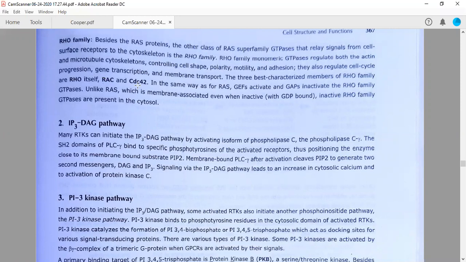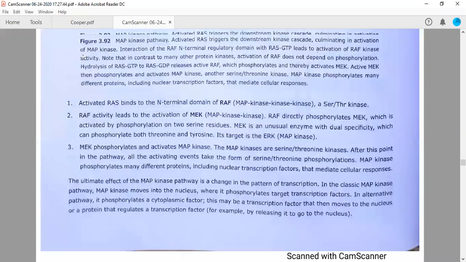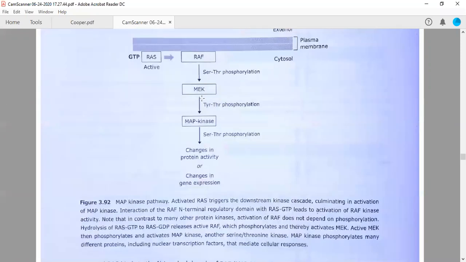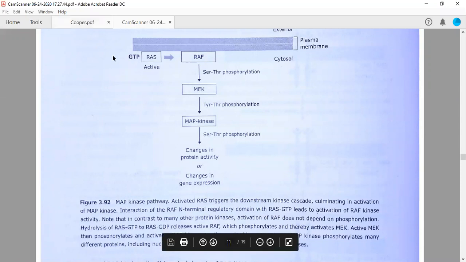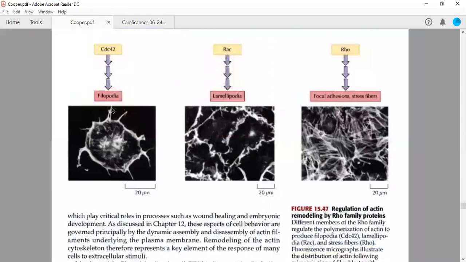Now in today's class, we will discuss the functions of these three members of the Rho family, which come under the MAP kinase pathway and are very related to the RAS protein, because RAS is a GTP binding protein. They have different functions. CDC42 is involved in filopodia formation. RAC is involved in lamellipodia formation, which are cell surface appendages.